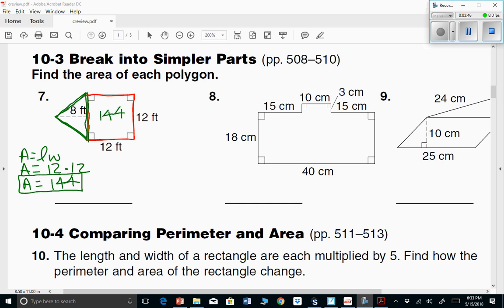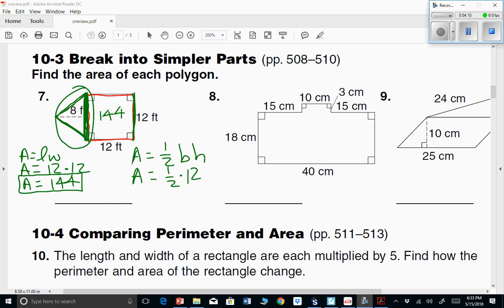Then we've got this triangle to deal with. For a triangle, the area is 1/2 base times height. Bring down the A equals, bring down the 1/2. Then the base in this case is right here, and that distance is 12, and you know that because this distance is 12.